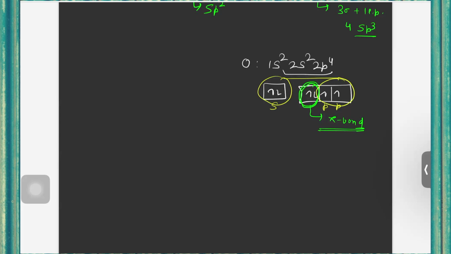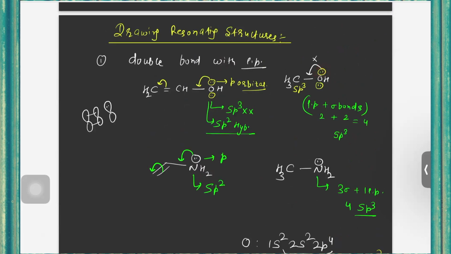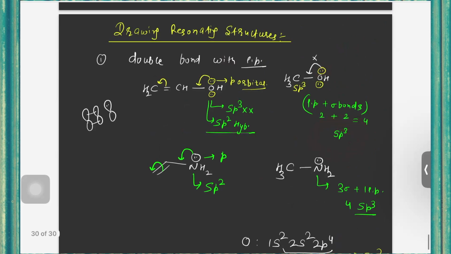So hybridization can be sp2 only, no? Yes, hybridization can be sp2. It cannot be sp3 because this p orbital is not available for hybridization. It is involved in the resonance, right? But in the other case, as there is no resonance, the p orbital can be involved in the hybridization. That is why it is sp3.